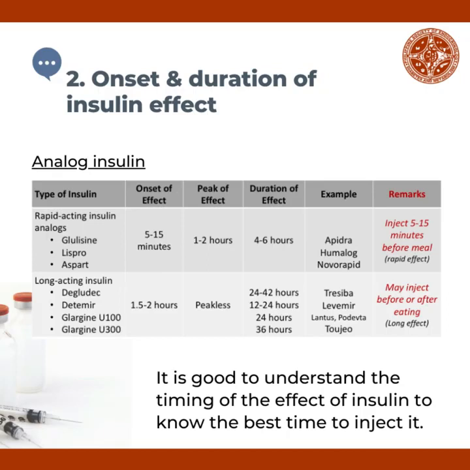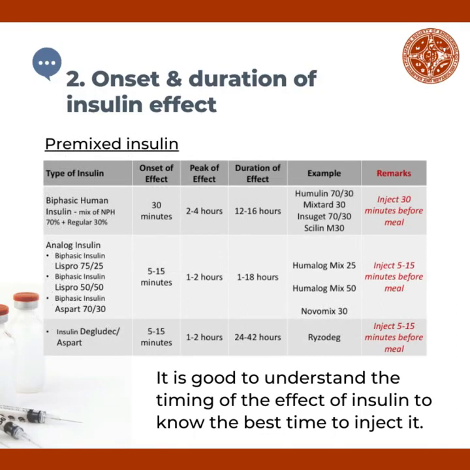For insulin Glargine U100 or Lantus and Provevta, it is at 24 hours. And lastly, for insulin Glargine U300 or Toujeo, it is at 36 hours. All long-acting insulins may be injected before or after eating. Again, it is important to understand when these insulins take effect to know the best time to inject them.